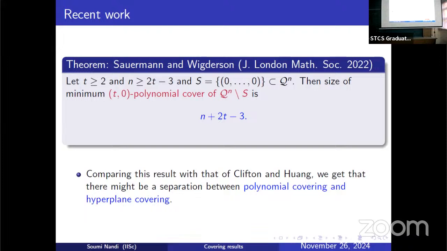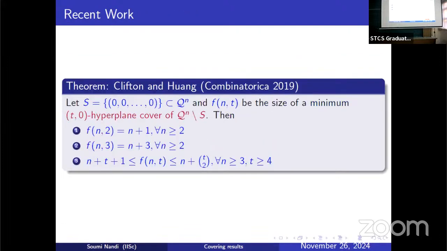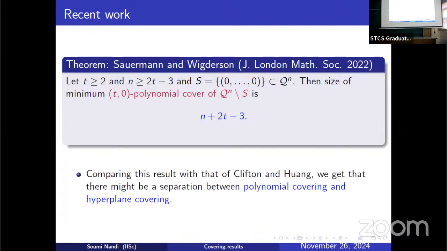And so first of all, this gives a better lower bound for that hyperplane cover that Clifton and Huang considered. But still, it cannot guarantee what the hyperplane space will be for any construction.